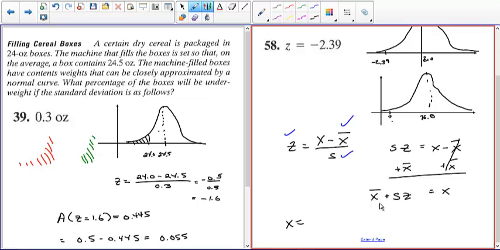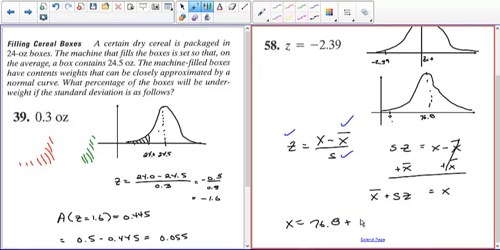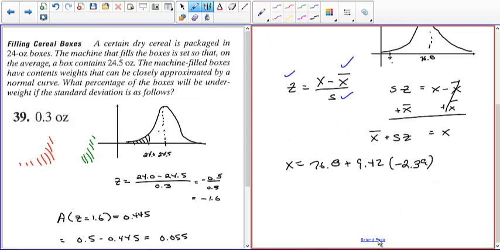So x is equal to the mean, which from the problem is 76.8, plus the standard deviation, which is given in the problem as 9.42, times the z-score, which is negative 2.39, and you just plug it in your calculator.